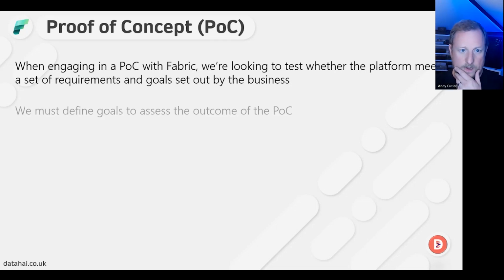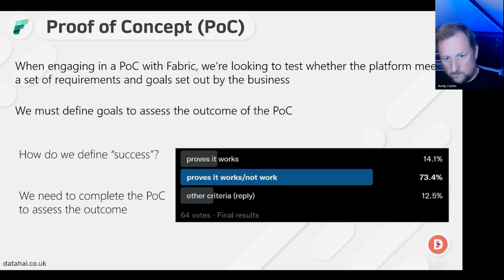And I went out on social media and I asked, well, how do we define success in a proof of concept? And overwhelmingly, people said, well, it has to prove that it works or doesn't work, i.e., the experiment has to be a success. You have to be able to finish the experiment and then analyze the results.